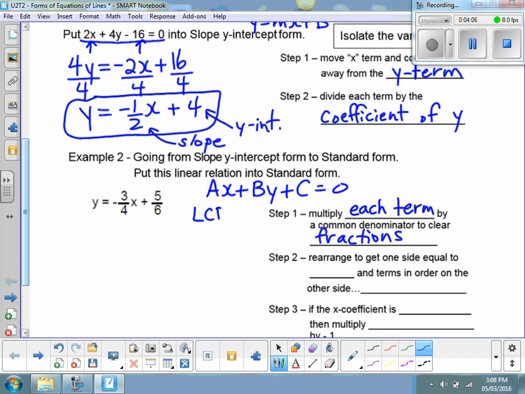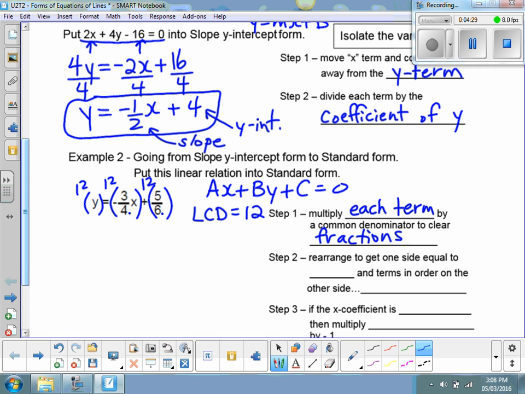Our lowest common denominator for 4 and 6 would be 12. So I have to multiply each term by 12. So that means I have to multiply this term by 12, I have to multiply this term by 12, and I have to multiply the third term there by 12.